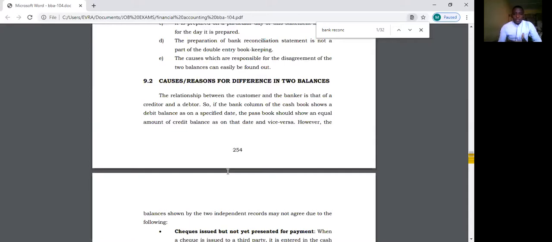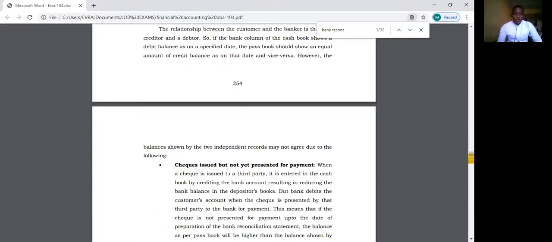So if the bank column of the cash book shows a debit balance as on the specified date, the passbook should show an equal amount of credit balance as on that date and vice versa. However, the balances shown by the two independent records may not agree due to the following.